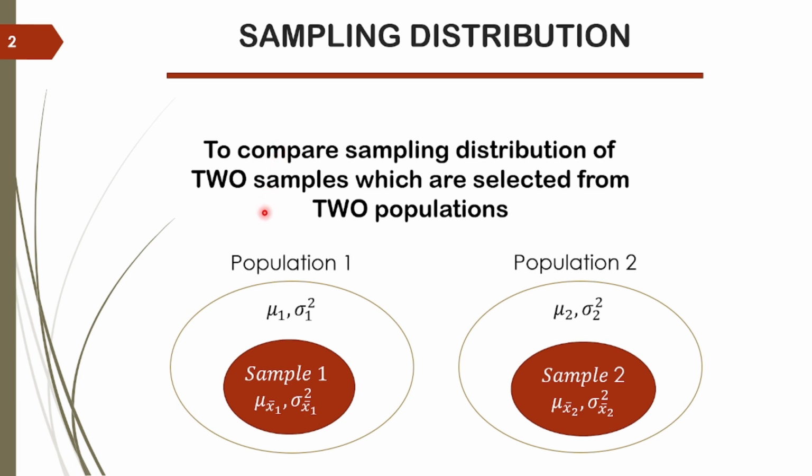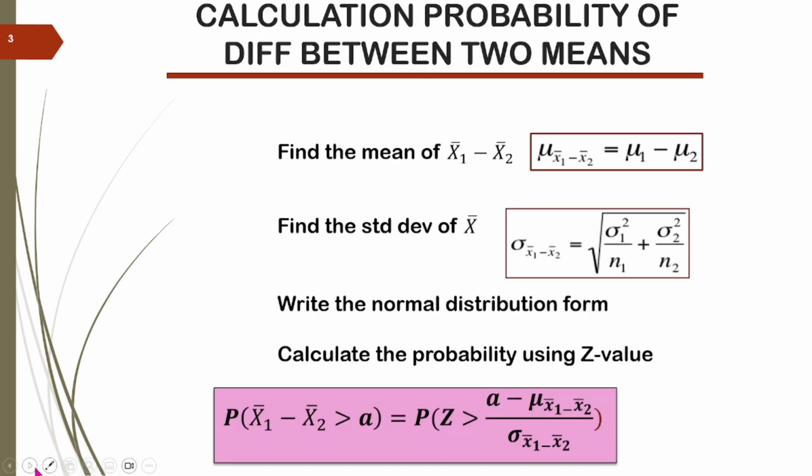We want to compare the sampling distributions of two samples selected from these two populations by finding the difference between the two means. To calculate the probability, first we find the mean of the difference between the two sample means, which equals mu1 minus mu2.